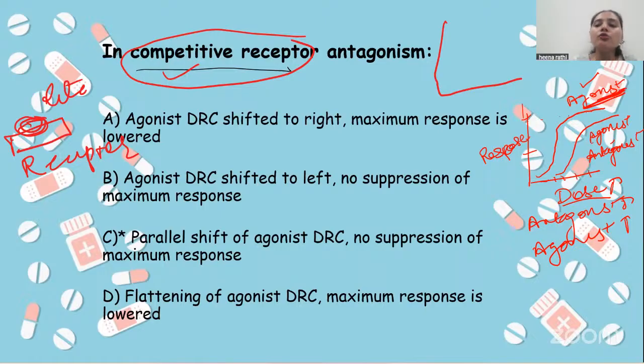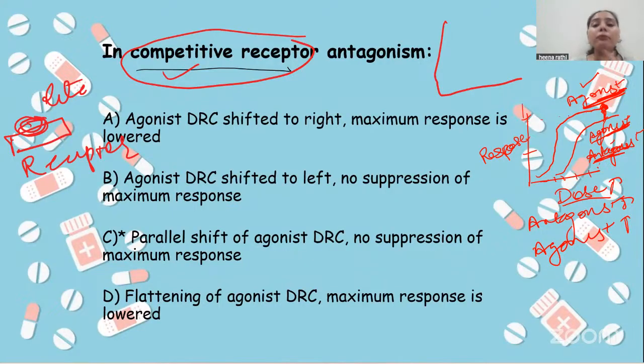When we add this competitive antagonist, there is a parallel shift of the DRC graph and no suppression of the maximum response. The maximum response seen with the agonist alone can be seen in this case too, but the dose should be higher. In the case of a single agonist, there is no competition, so whatever agonist is available gives the response.